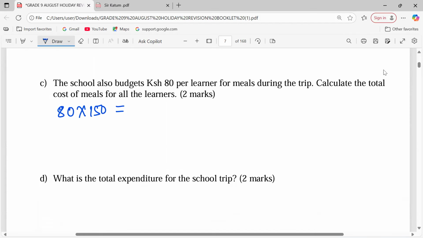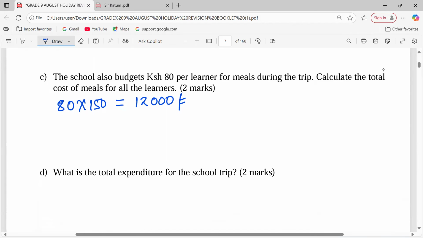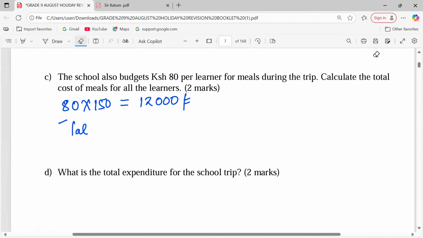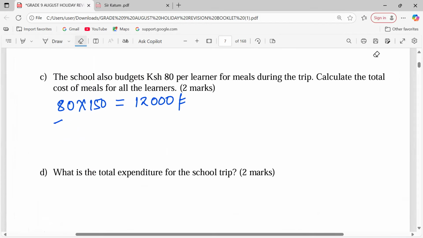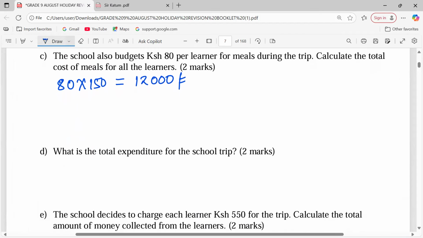So 80 times 150 learners to give us 12,000 Kenya shillings. Actually, that is the total for all the learners. They are 150 and each 80 bob. So we get 12,000 Kenya shillings.